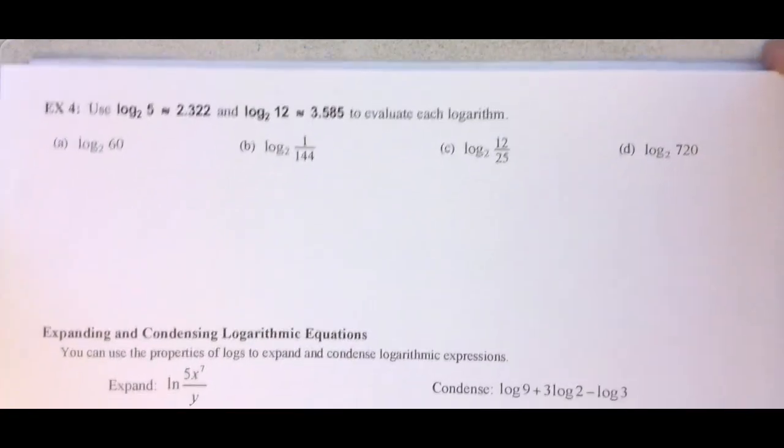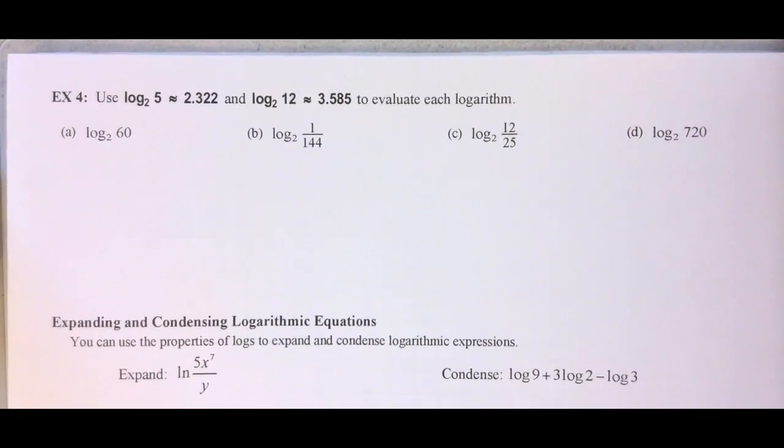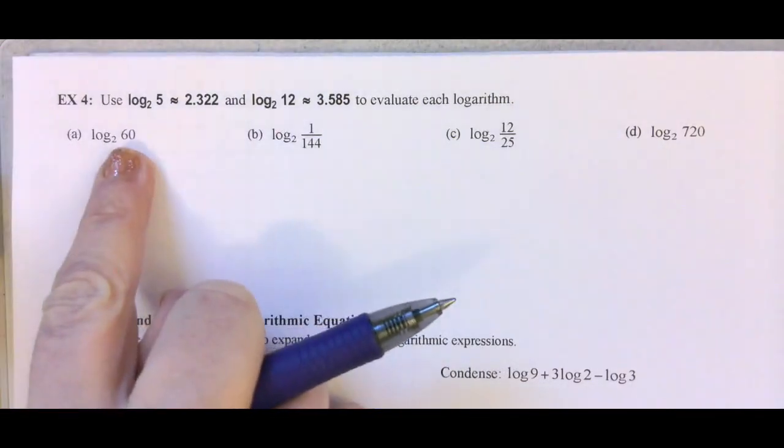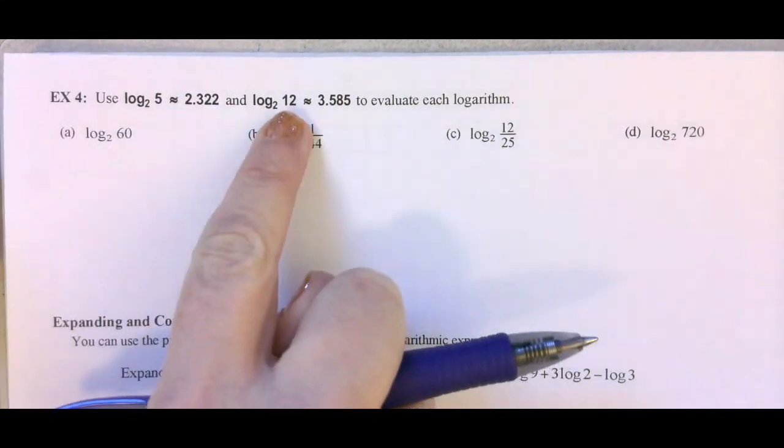All right, so next here, I'm giving you that log base 2 of 5 is about 2.322. Log base 2 of 12 is about 3.585. And we want to use this to evaluate each logarithm. Okay, so here if I look at that 60 right here, I think, well, can I use a base of 5 and 12?